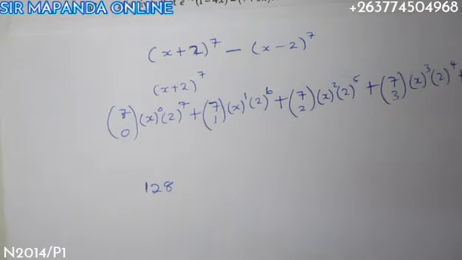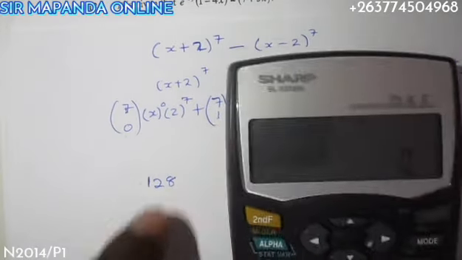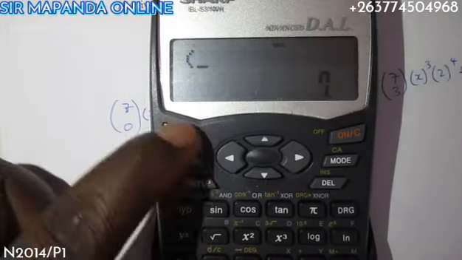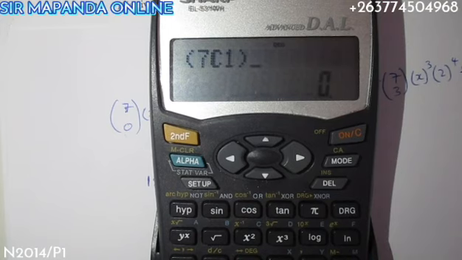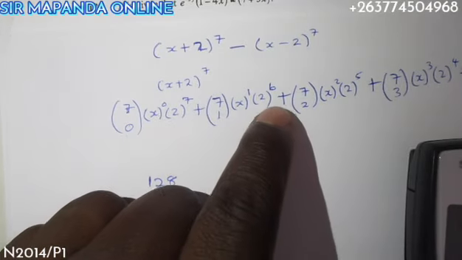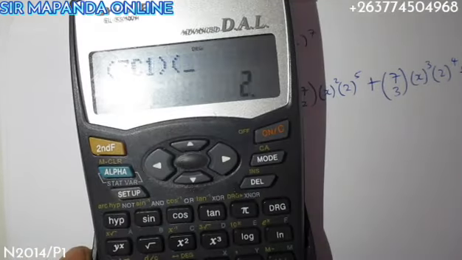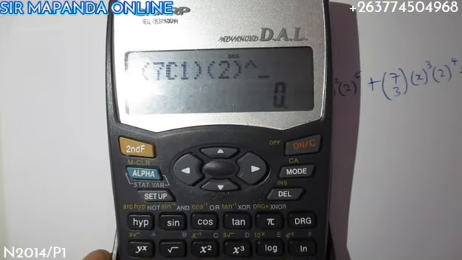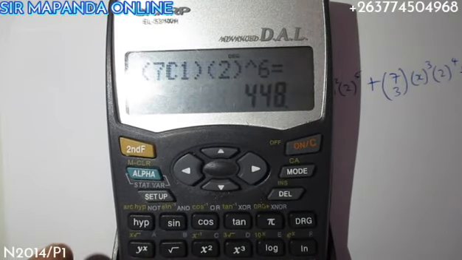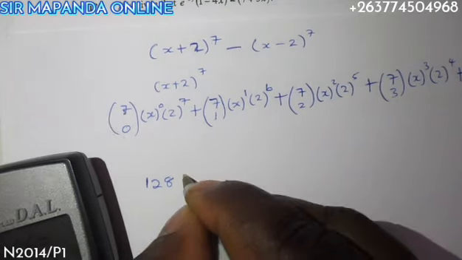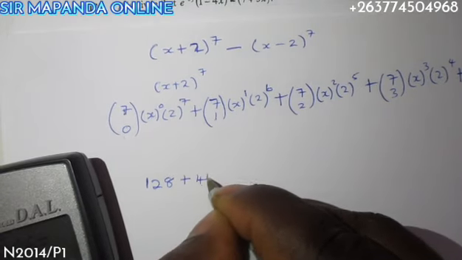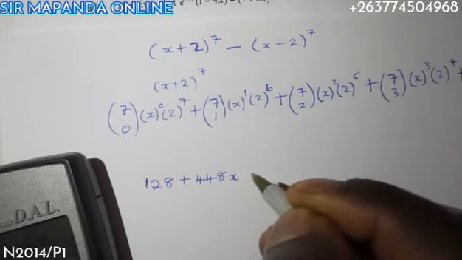Then 7 choose 1 is as good as 7. So you are saying 7 choose 1 times 2 to the power of 6. You get 448, so you get plus 448x.